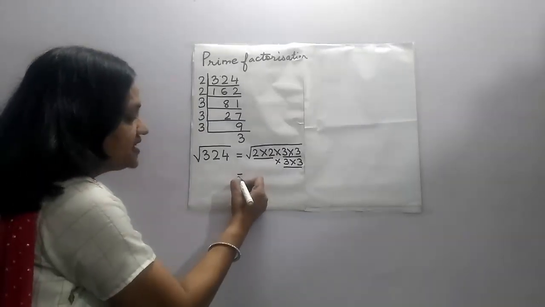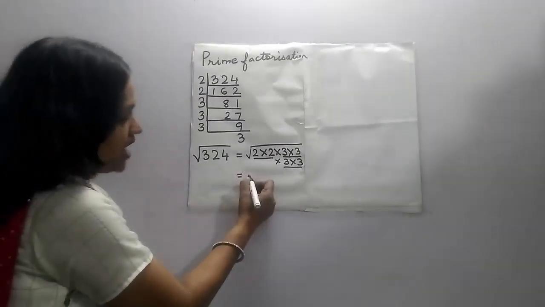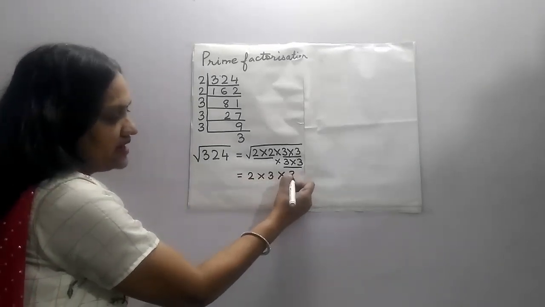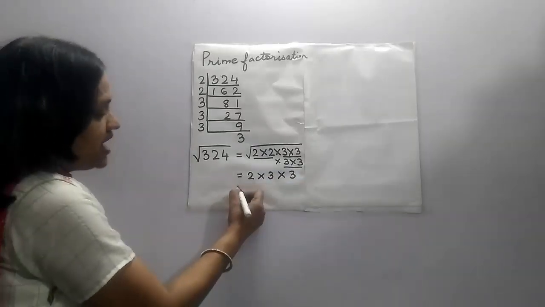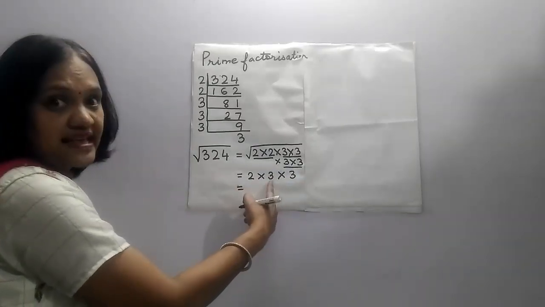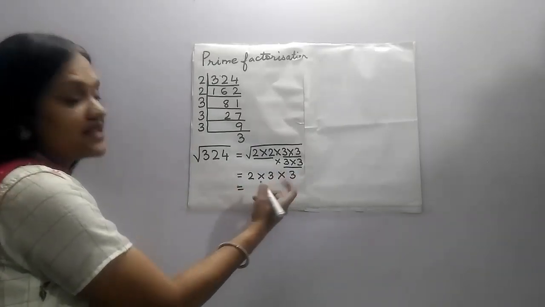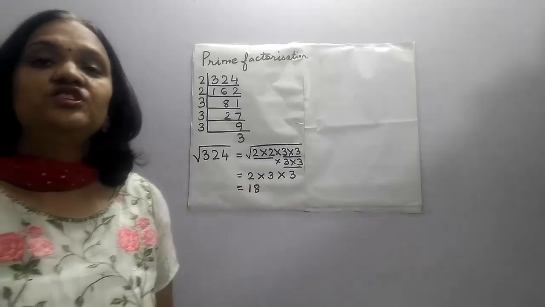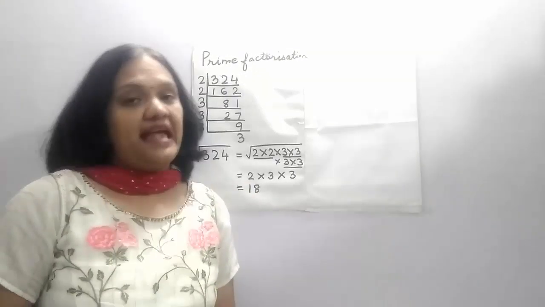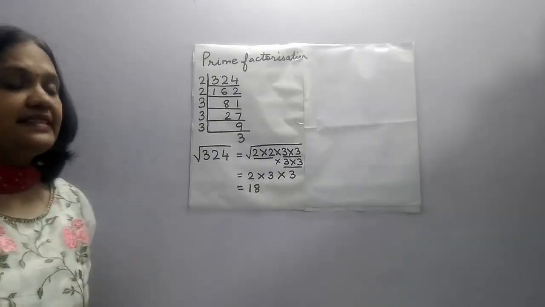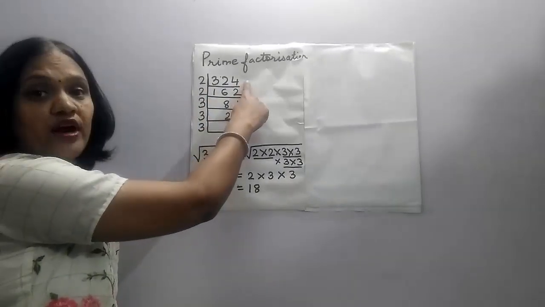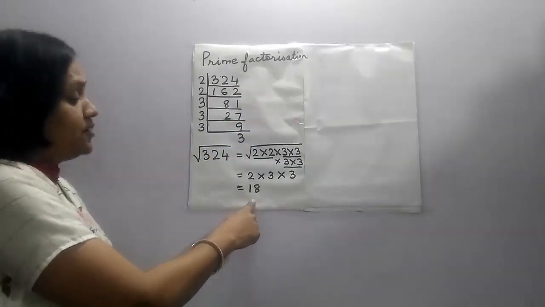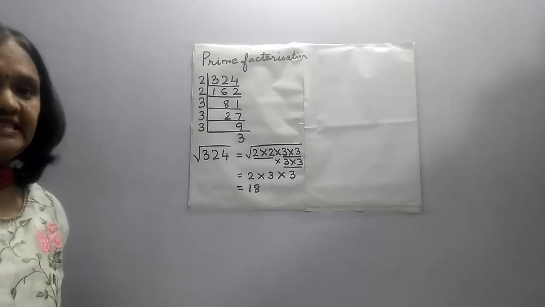So we have made 3 pairs, one of 2, another of 3, and also another of 3. Now 2 3's are 6 and 6 3's are 18. So square root of 324 is 18. We can say that 324 is a perfect square, and it is the perfect square of 18.